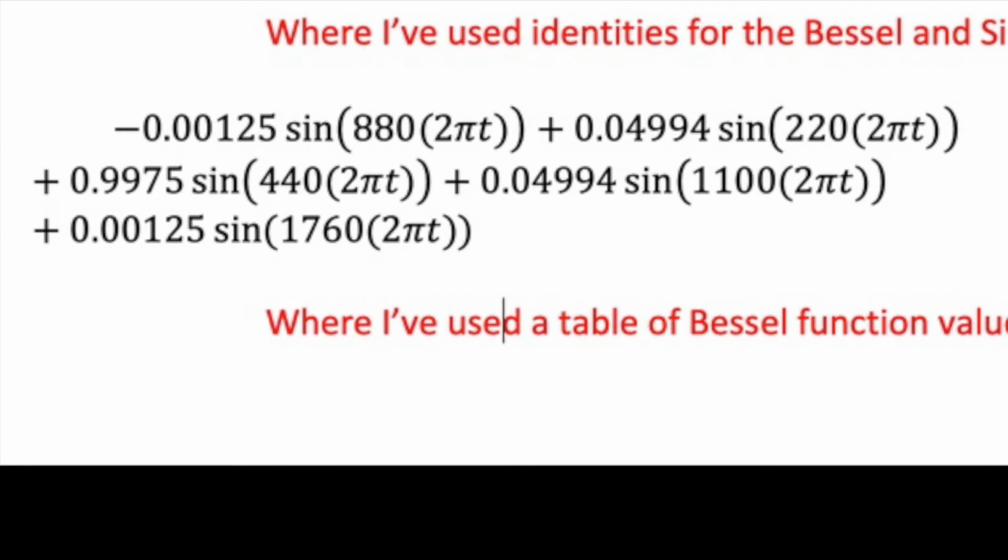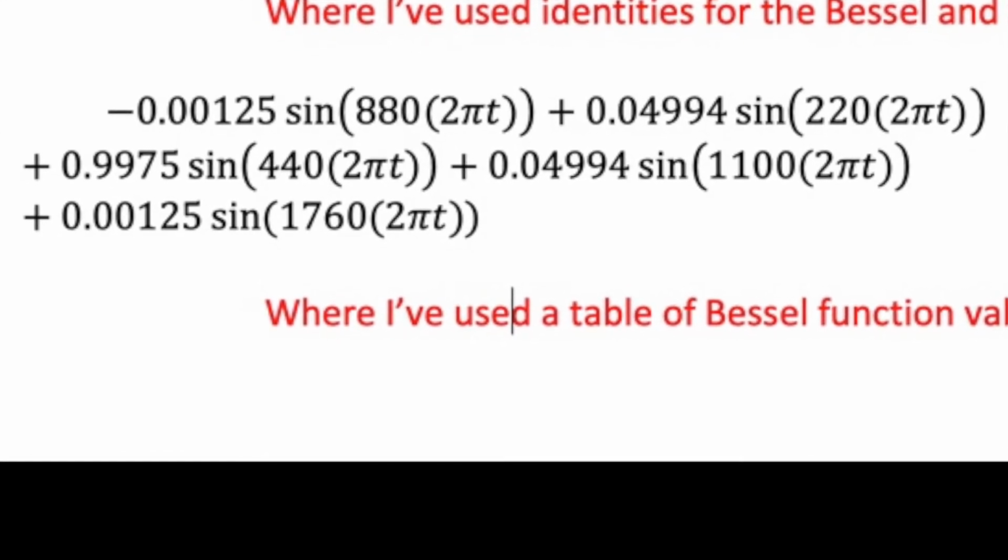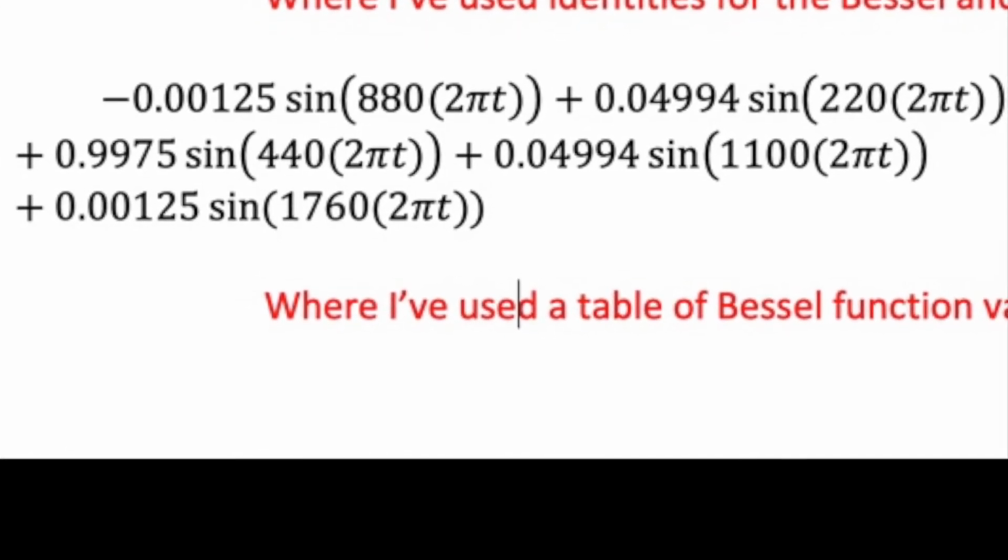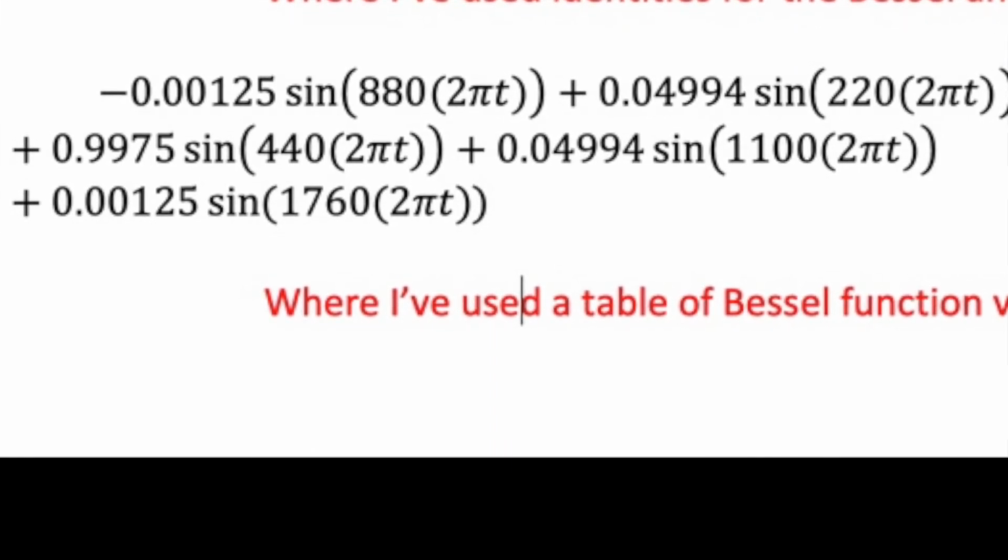All of the amplitudes came from the table of Bessel function values. And again, keep in mind, this is only just 5 terms out of an infinite number that actually exist.